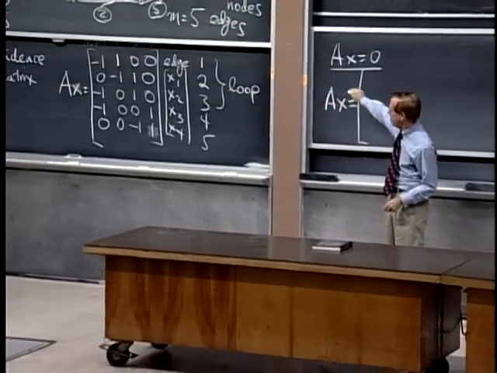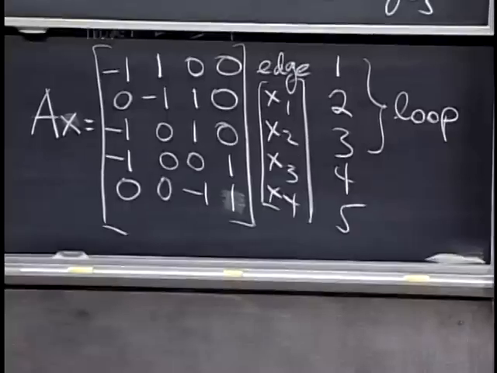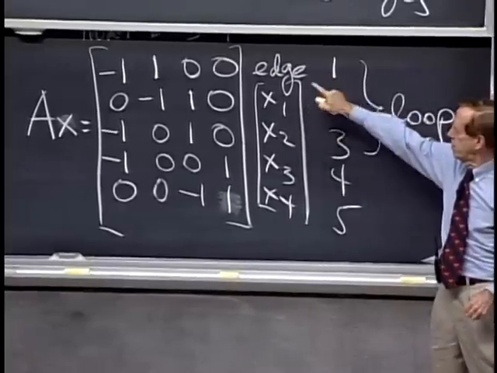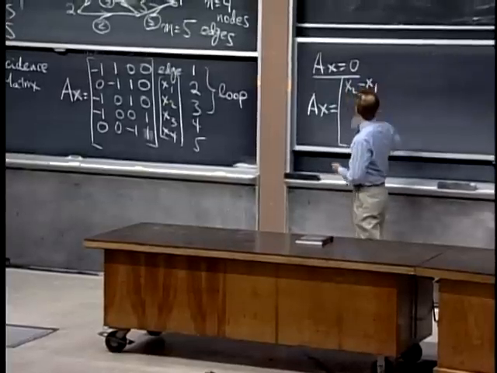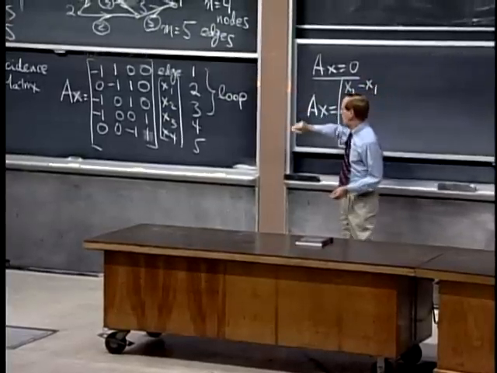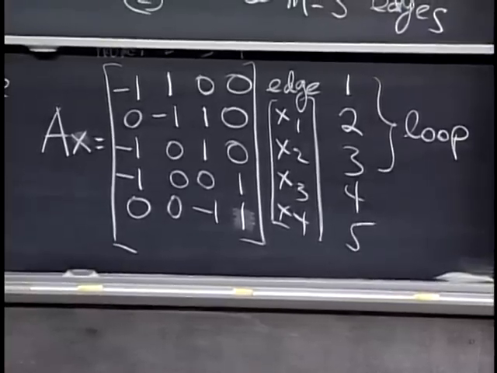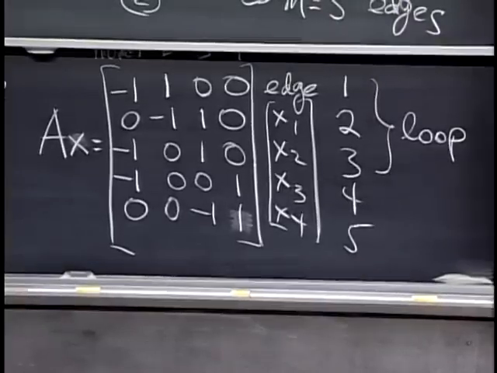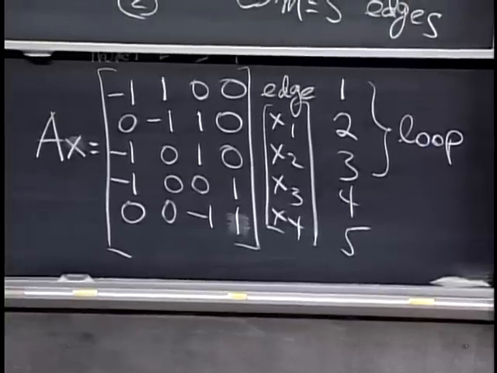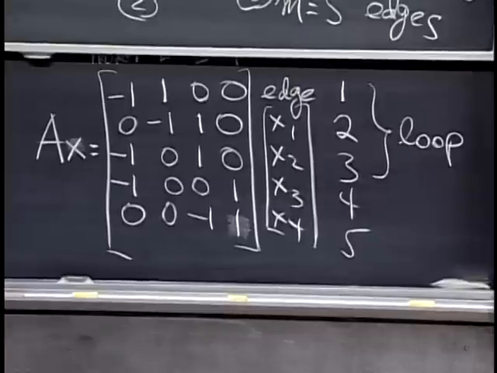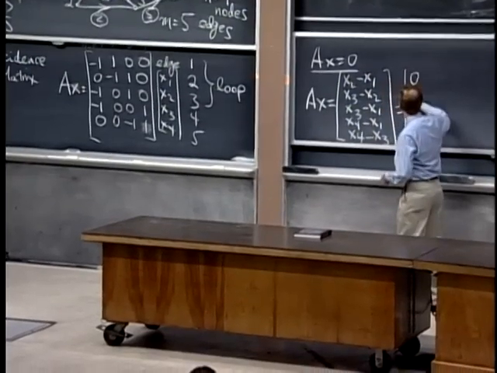Ax equals, what's the first component of Ax? Can you take that first row, -1, 1, 0, 0, and multiply by the x, and of course you get x2 minus x1. The second row, I get x3 minus x2. From the third row, I get x3 minus x1. From the fourth row, I get x4 minus x1. And from the fifth row, I get x4 minus x3. And I want to know, when is the thing 0?